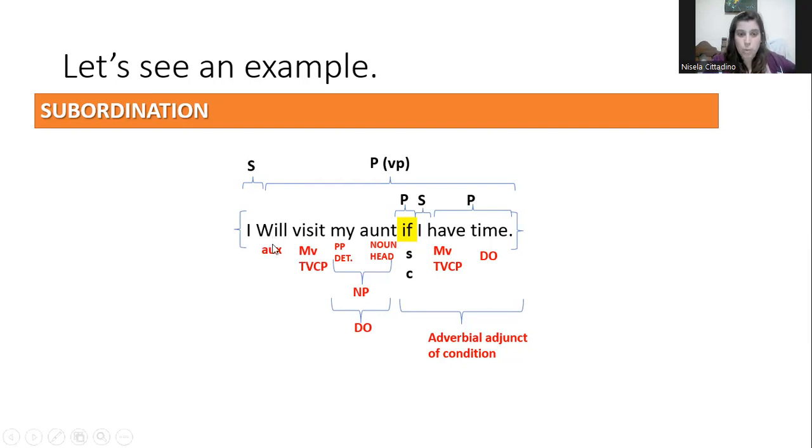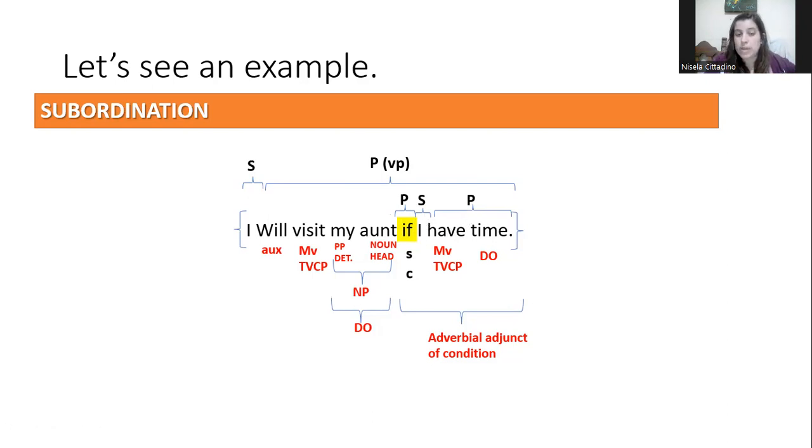Will is the auxiliary verb, visit is the main verb and also a transitive verb of complete predication. My aunt is a noun phrase, and it's the direct object. I will visit who? My aunt. So this is the first clause. Now the second clause is if I have time.